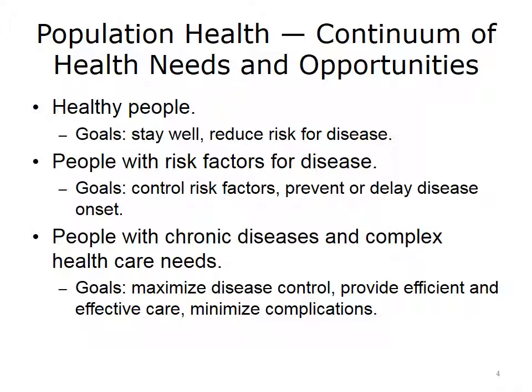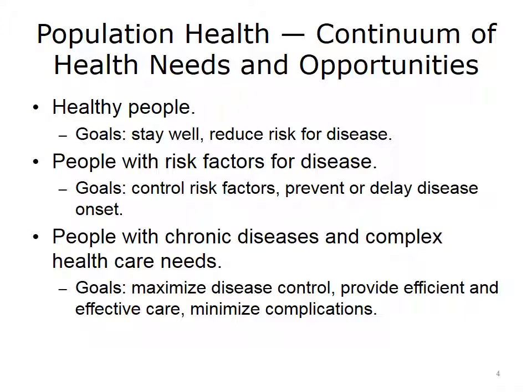A different model of care, with the goal of keeping people healthy so that they can stay that way and have reduced risk for disease, thinks of health needs and opportunities on a continuum. There are, though, portions of the population with risk factors for disease.